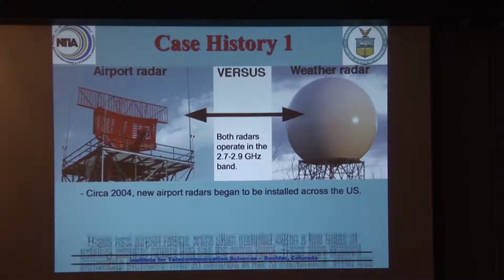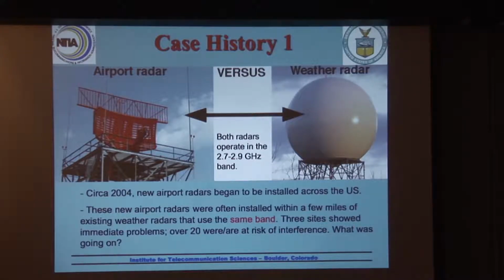And it turns out that these radars were typically being installed at airports where weather radars were already operating, and the weather radars and the air traffic radars were both operating in the same band between 2.7 to 2.9 gigahertz.